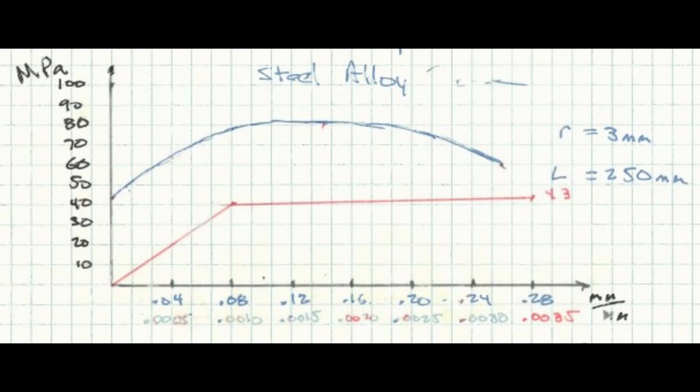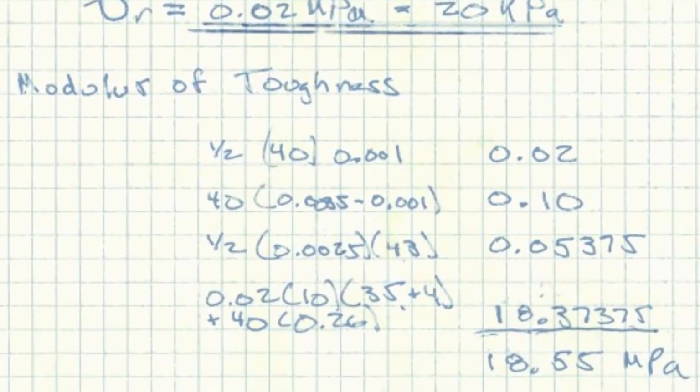Now, this again is somewhat approximate and can be done with, like we did before with the triangle. It can also be done by counting up the number of squares that you see there. And so we add all these areas up, and we get a total of 18.55 megapascals.